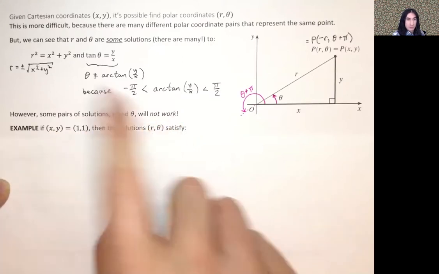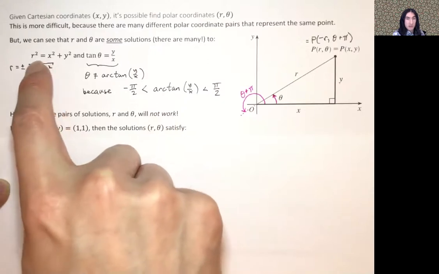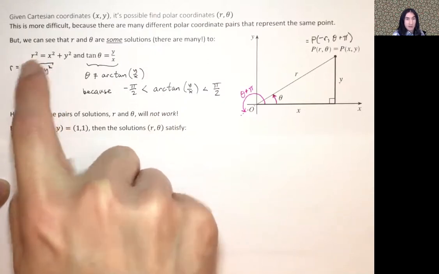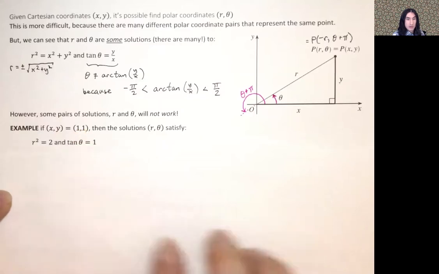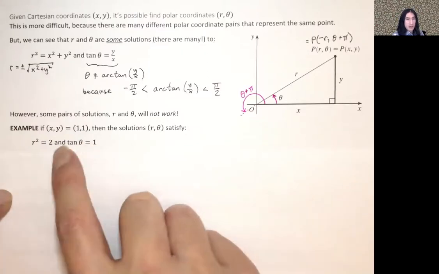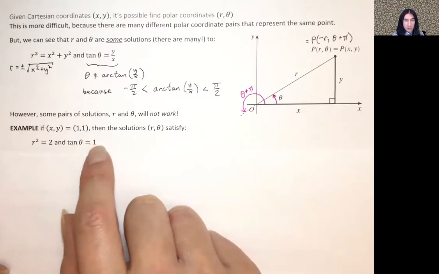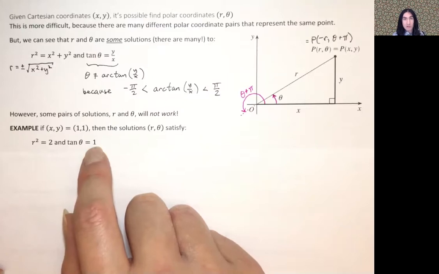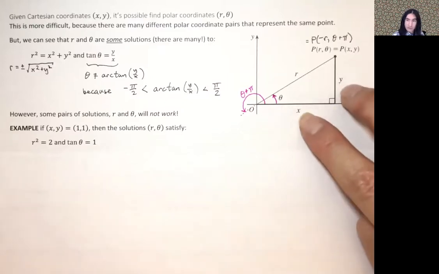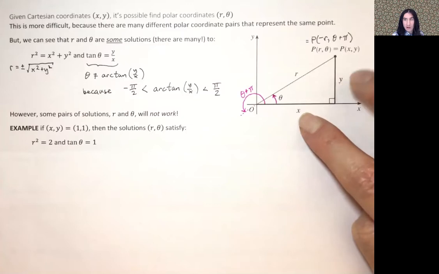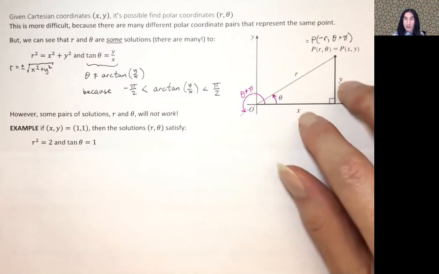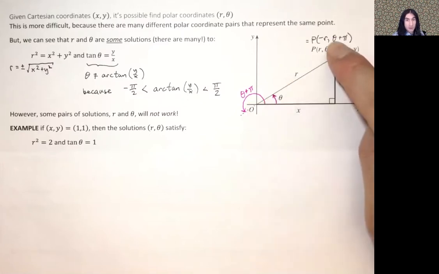Then solving my r and theta equations, okay, my r value would be r squared equals 2. And so I can look at plus or minus root 2 for r. And tangent of theta is equal to 1. If you remember values for tangent, then tangent of theta is equal to 1 when we have an isosceles triangle right here. Y and x are the same value. And that happens at pi over 4.